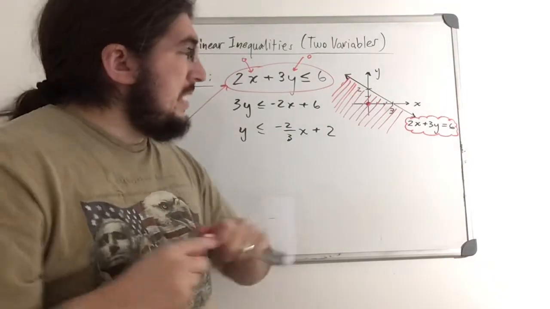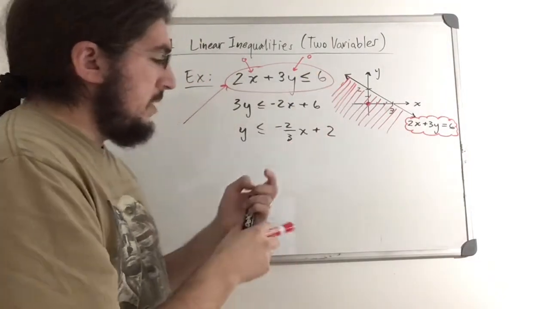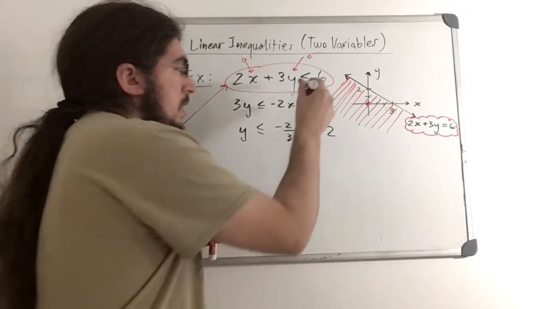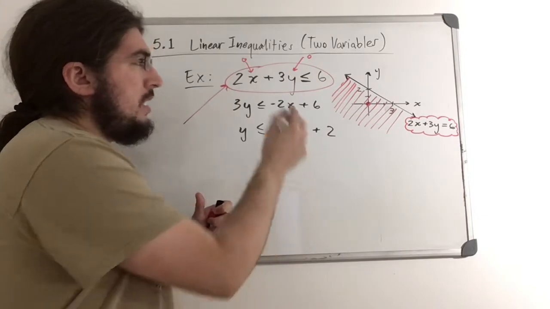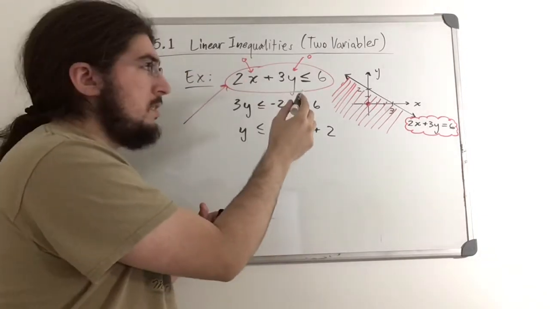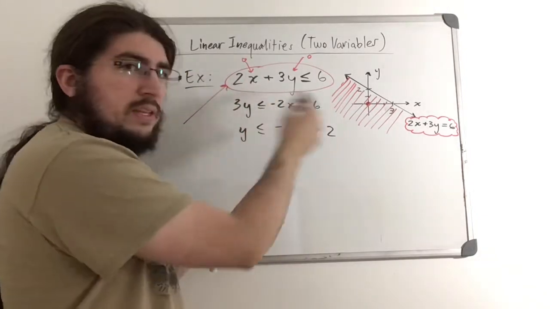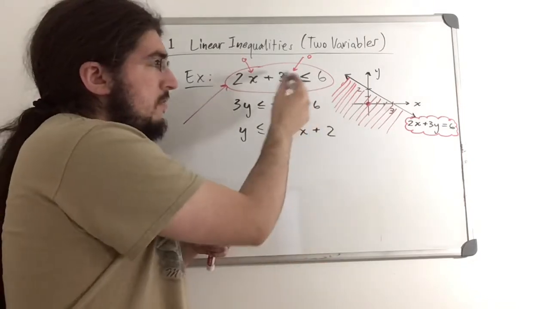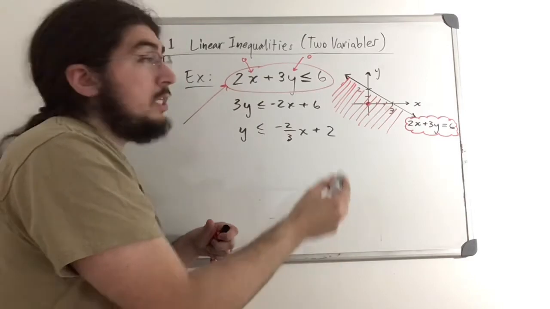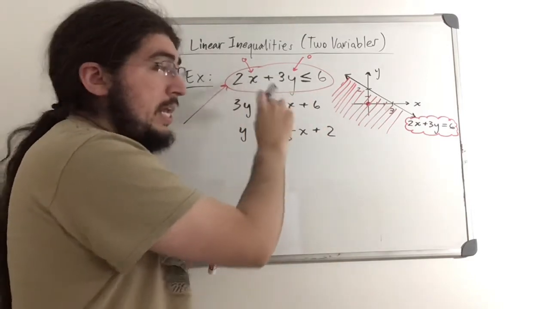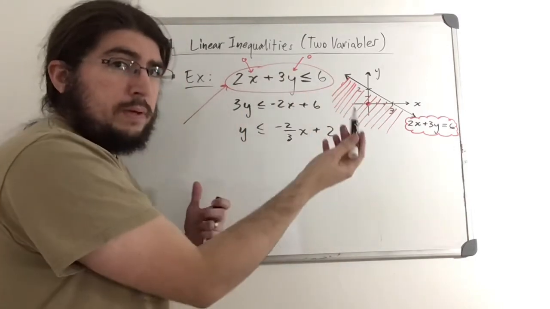Okay. The next thing is that this line is going to be solid because it is or equal to. So just to explain a little more what I'm talking about, I'm trying to plot all points that satisfy this inequality. Now remember, this inequality less than or equal to is technically less than or equal to. So points that satisfy it being equal to will be plotted.